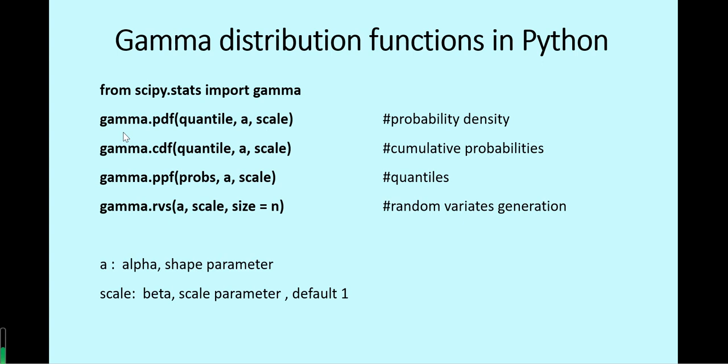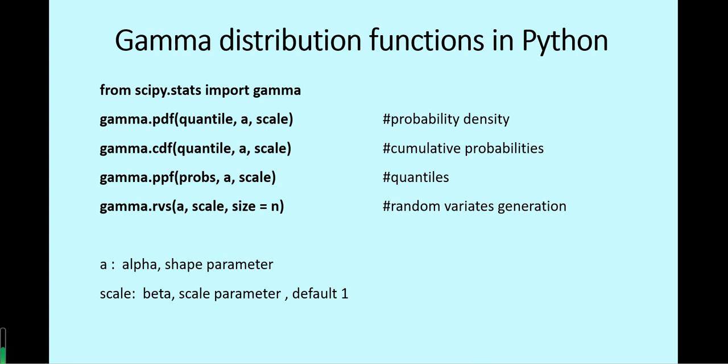Next, the functions gamma.pdf, cdf, ppf, rvs can be used: pdf for the probability density, cdf for cumulative probabilities, ppf means quantile, and rvs means random variate generation. Here, parameter a means alpha for the shape parameter, and scale means beta in the formula for the scale parameter, and its default value is 1.